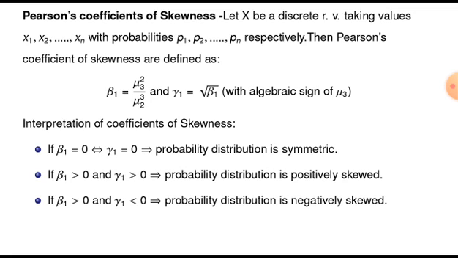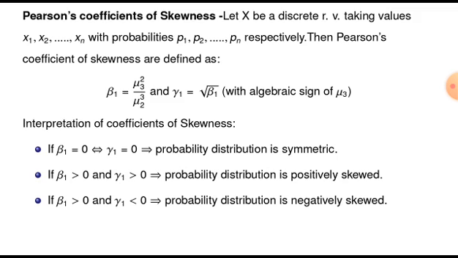If beta 1 is greater than 0 and gamma 1 is less than 0, that means gamma 1 is negative, and it will be negative when mu 3 is negative. So in this case, the probability distribution is negatively skewed. So it is always better to use the gamma 1 coefficient to interpret the skewness. Gamma 1 0 indicates a symmetric distribution.